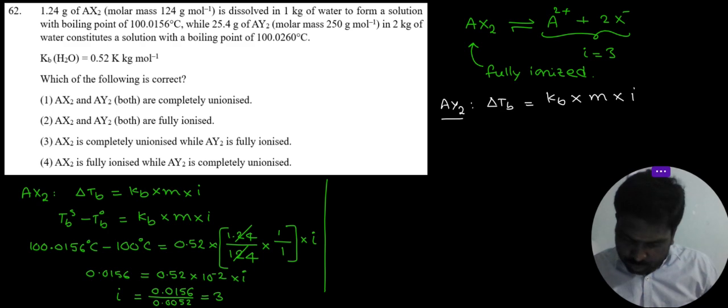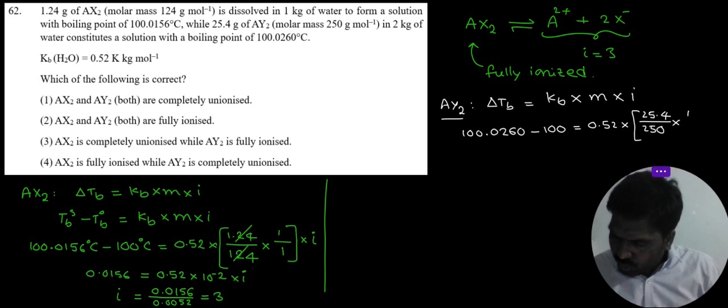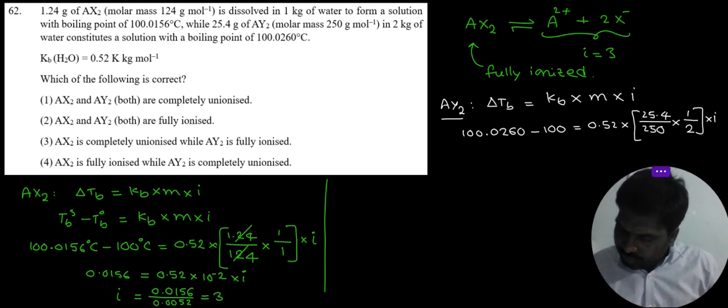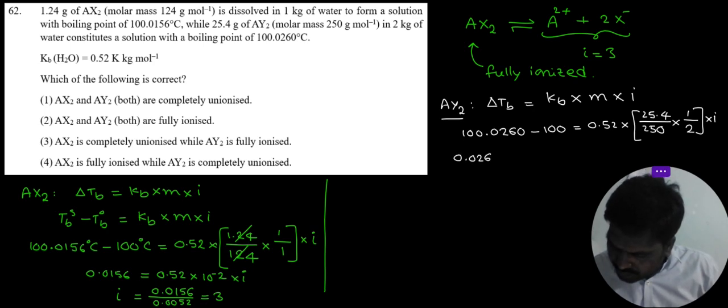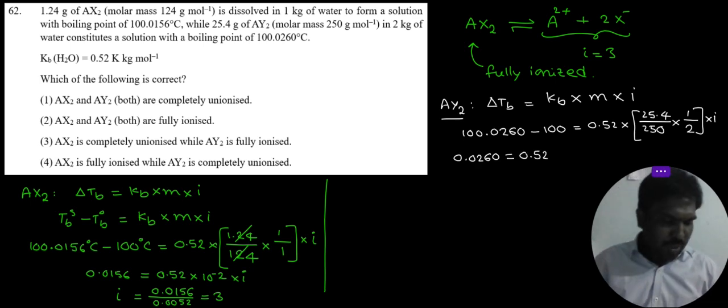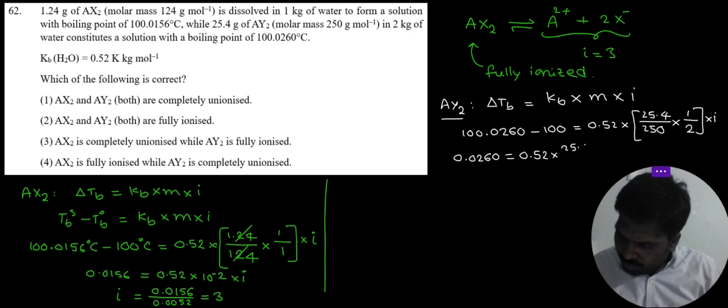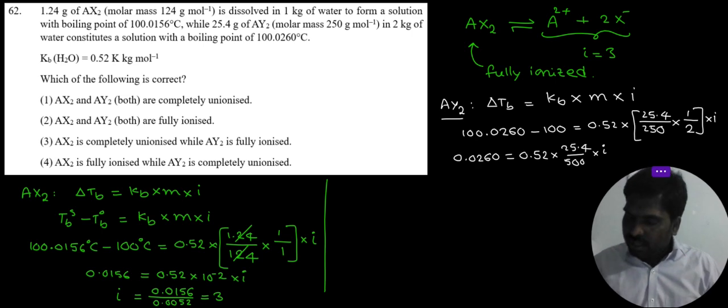Here delta TB means solution boiling point 100.0260 degrees centigrade minus water boiling point 100 degrees centigrade, that is equal to Kb value 0.52 into molality, that is weight of solute 25.4 by gram molecular weight 250 into 1 by weight of solvent in kg, 2 kg, into Van't Hoff factor. So 0.0260 equals 0.52 into 25.4 by 500 into the Van't Hoff factor.